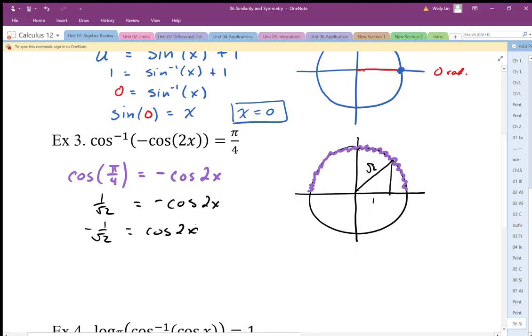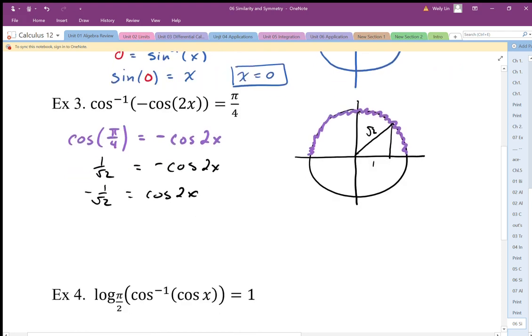Now I'm going to use this picture of cosine, and 2x then represents my angle. -1/√2 represents the ratio. So it's going to be in these two positions here. I'll do this in two different colors. There's my θ1, there's my θ2. Those are my two angles for 2x.